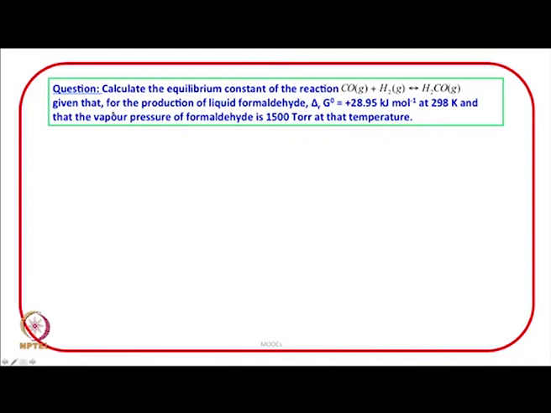Given that for the production of liquid formaldehyde, the standard reaction Gibbs energy is 28.95 kilojoules per mole at 298 Kelvin, and that the vapor pressure of formaldehyde is 1500 torr at that temperature. How to solve this kind of question?